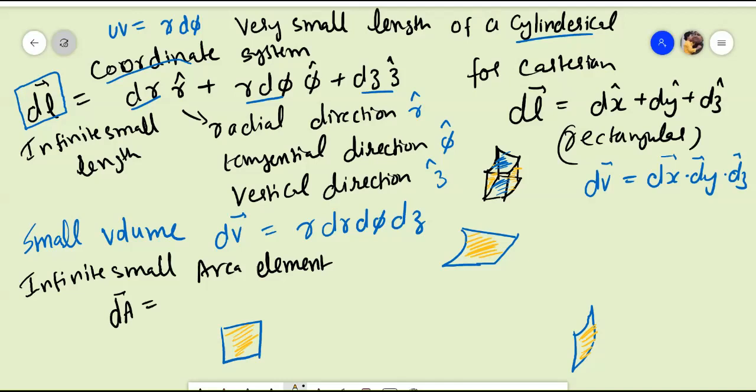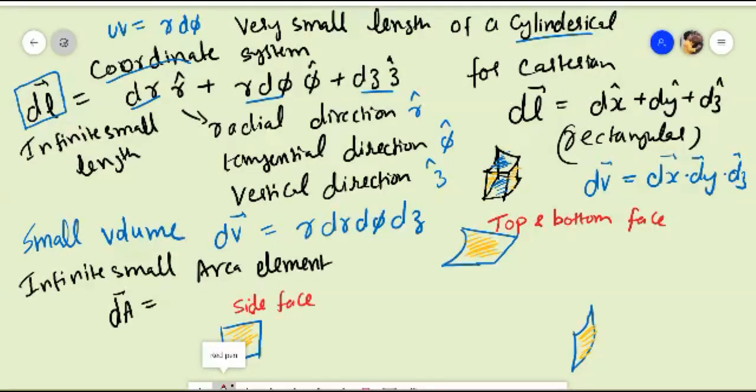Let me label it. So this is my top and bottom face, and this will be my side face, and this will be my back and front faces.